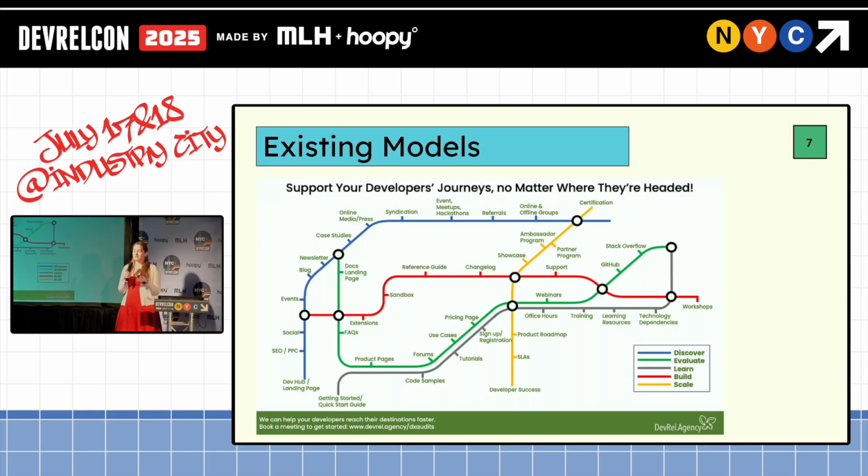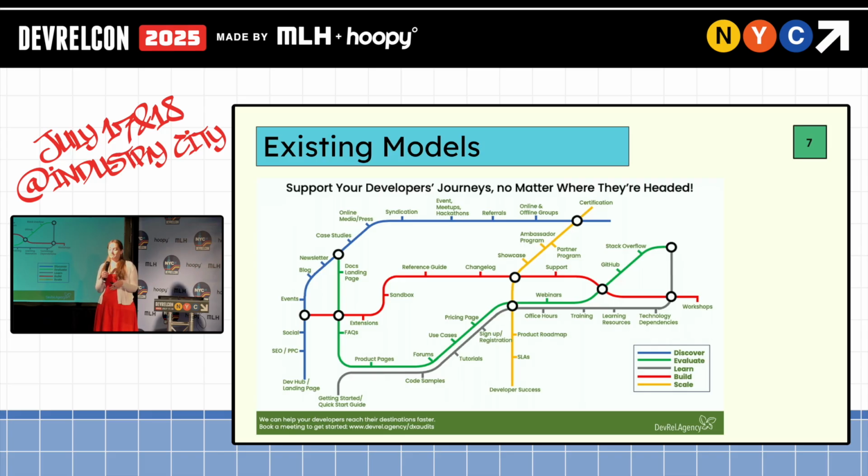And then here is also by DevRel Agency, the Mind the Gap Developer Journey Tube Map. It builds on the last framework or model I just showed. Okay, so this one has the same touch points, but it adds a layer of complexity on top of it that shows that the developer journey isn't actually linear like the last one.